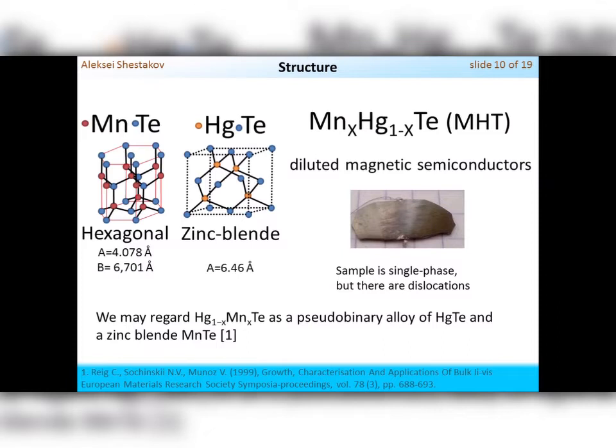We may regard mercury manganese tellurium as a pseudobinary alloy of mercury tellurium and zinc blende manganese tellurium. Manganese ions are dissolved in the diamagnetic matrix of mercury chalcogenide. At a low concentration of manganese ions, the dipole-dipole interaction between their magnetic moments is small.